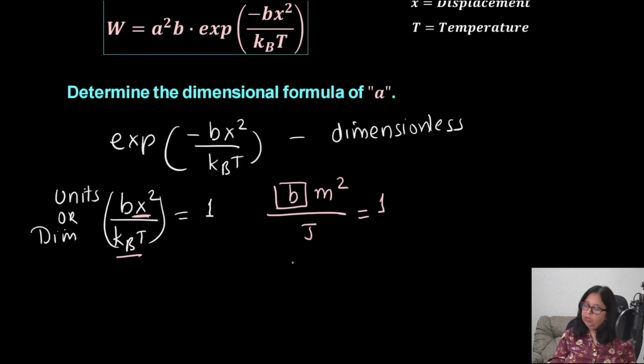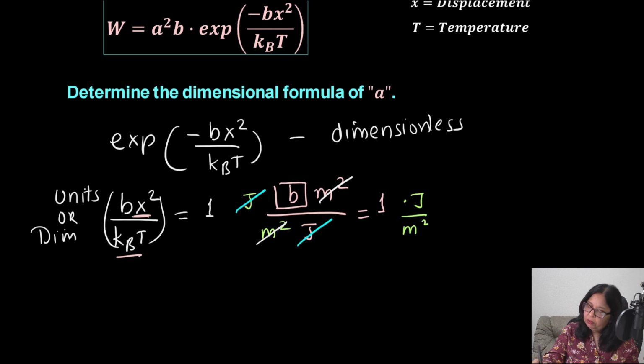Alrighty. Go ahead and multiply both sides of this equation by joules and divide by meter squared. What does this do to this equation? Meter squared cancels meter squared. Joules cancel out joules. What do I have left on the left-hand side? B in the box.